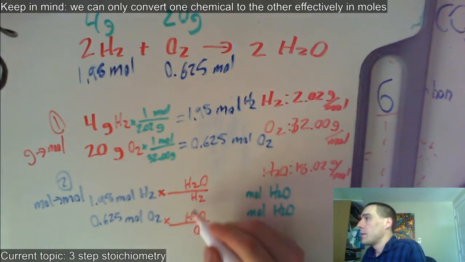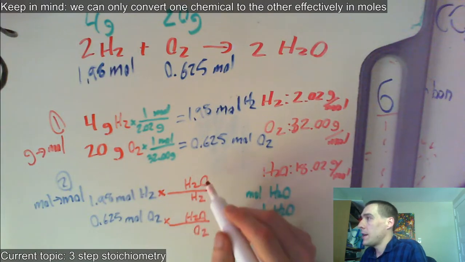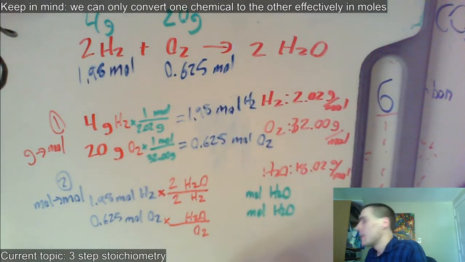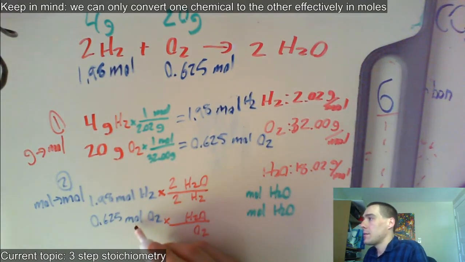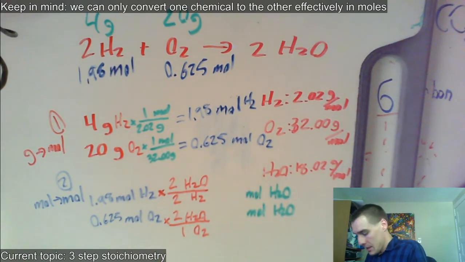Those are going to come from the ratio up here. So for H2O and H2, it's 2 H2 and 2 H2O. It's 2 to 2. For the bottom, 0.625 moles of O2, we have our 2 H2O, but it's only 1 O2. So we multiply this by 2 and this by 1.